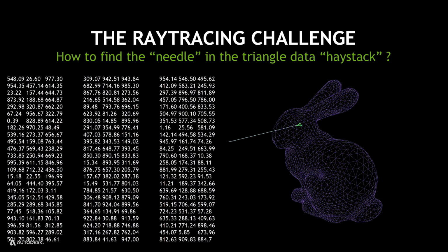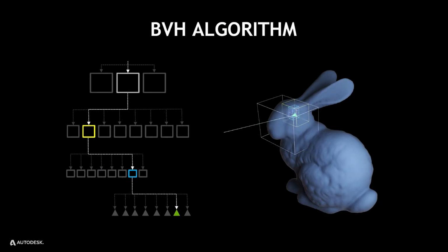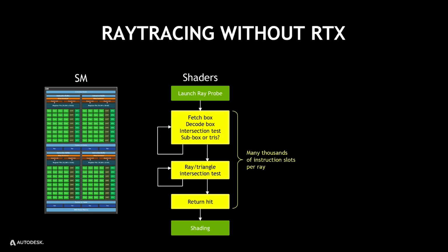So what most renderers have converged to is something called a bounding volume hierarchy. The bounding volume hierarchy is where you have a box that contains some subset of the geometry, and if a ray intersects that box, you open the box and find several other boxes that contain other subsets. You open those boxes, and eventually you find a set of triangles, and you can quickly figure out which triangle that ray interacts with.